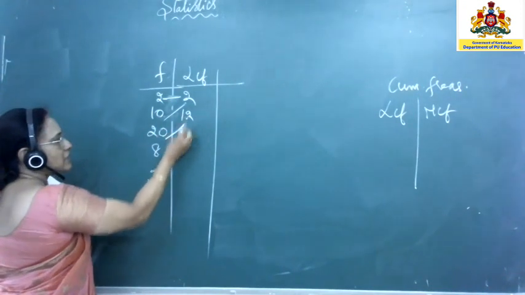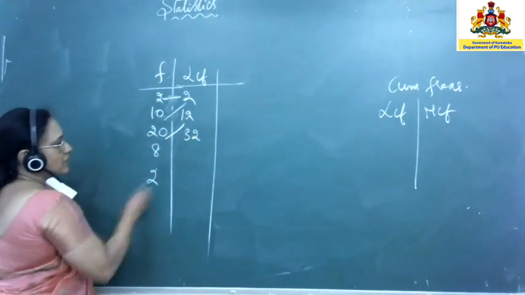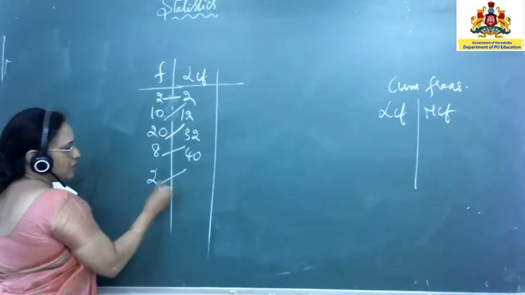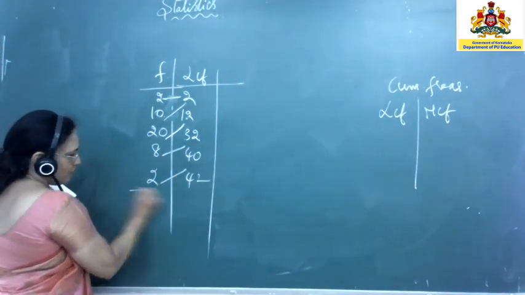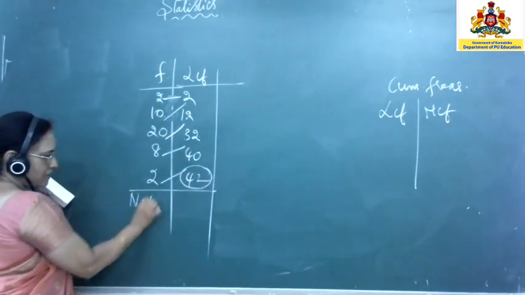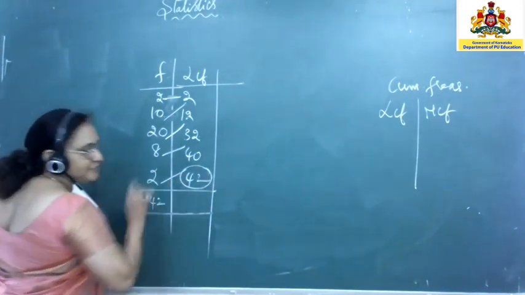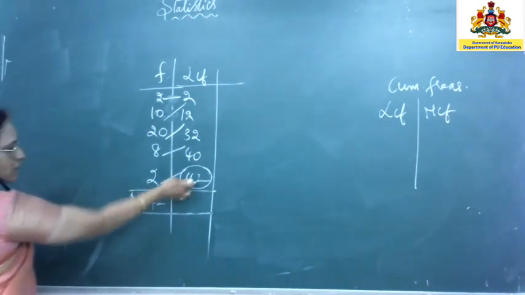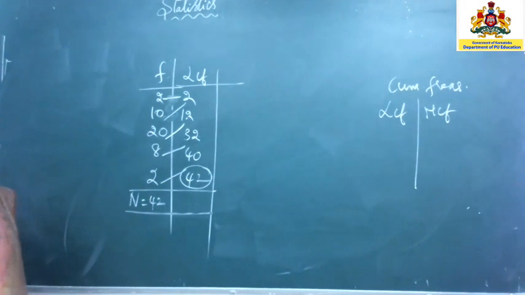Next, 12 plus 20 is 32. Next, 32 plus 8 is 40. Then 40 plus 2 is 42. The last number of LCF will always be equal to capital N. If you have done it correctly, these two numbers will coincide.